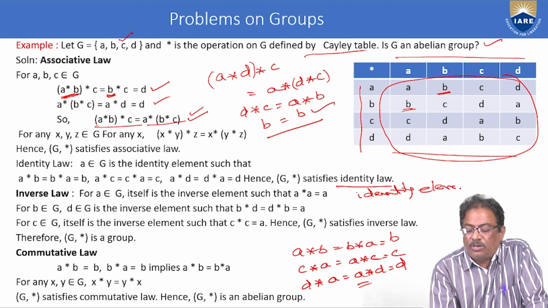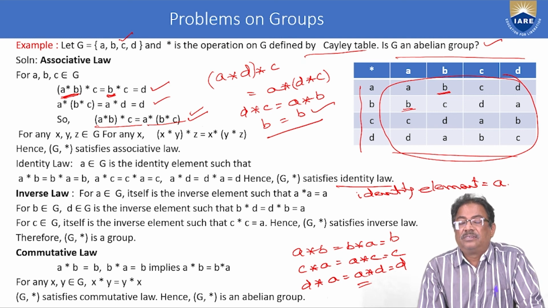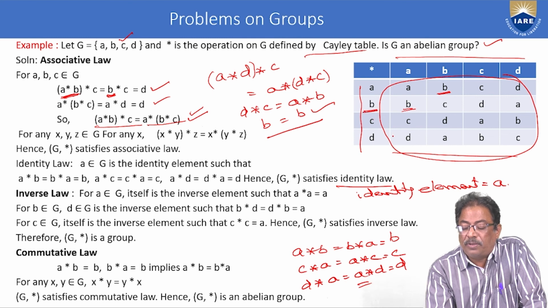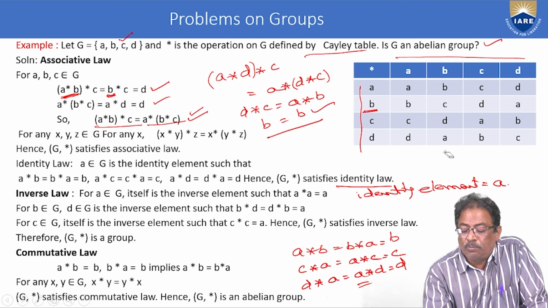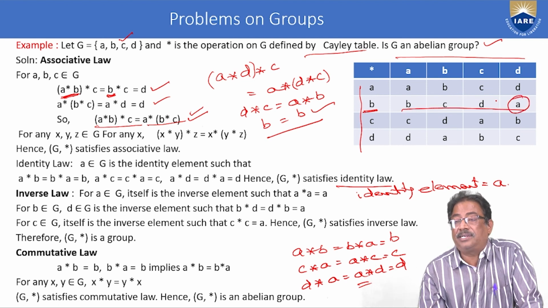Once we have the identity element A, we have to verify the inverse. So let us go for B inverse. While checking B inverse, you have to go through the row where you are going to get the identity element.